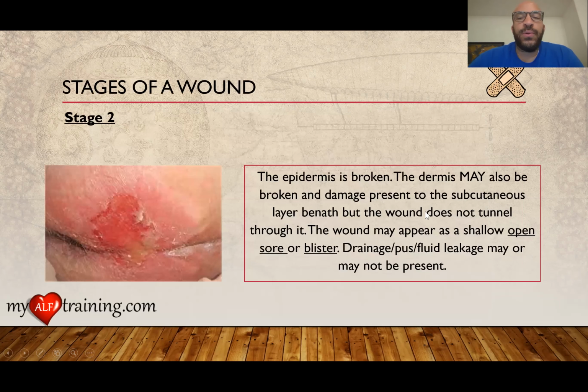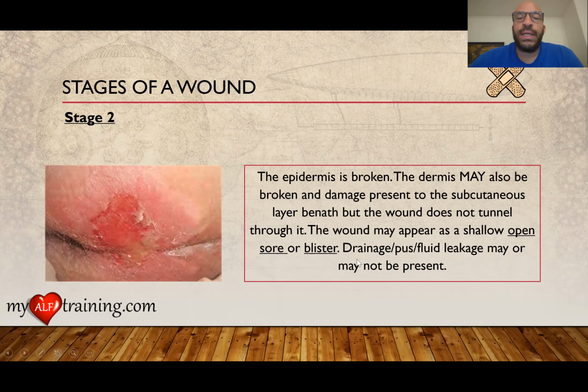So stage two, the epidermis is broken. The dermis may also be broken. So we can see here, this outline lets us know that the skin is broken and we can see it's bright red beneath. So don't be confused that this is bright red and there was a bright red in stage one, but in stage two, the first layer, the epidermis of the skin, is broken.